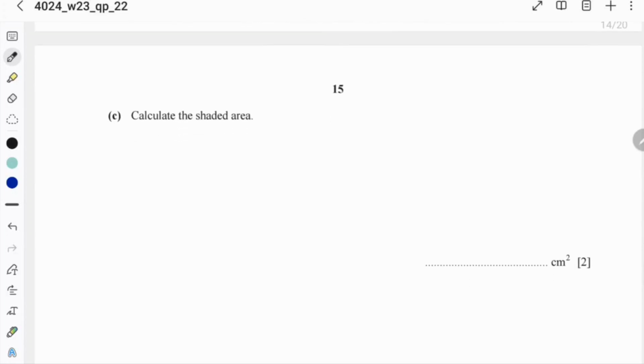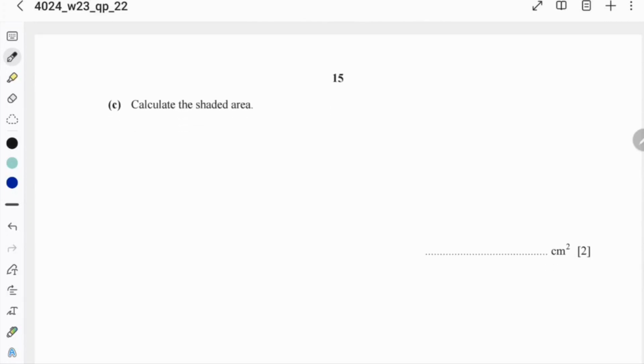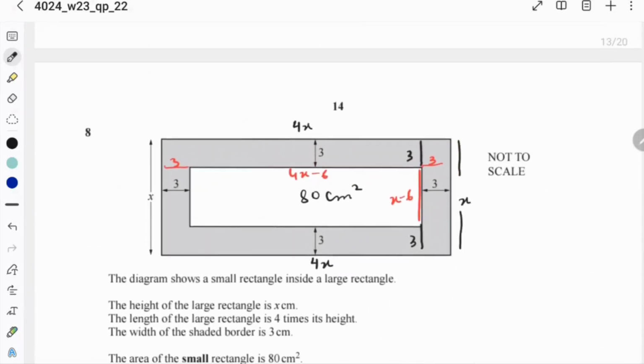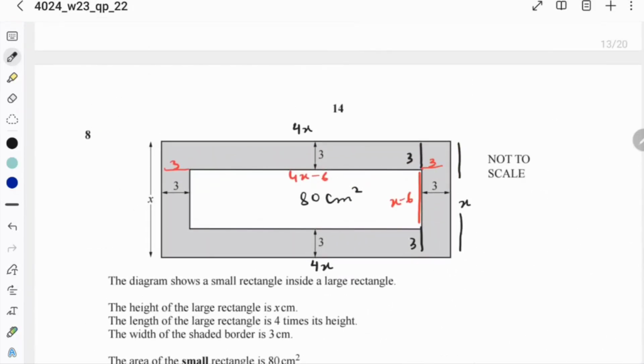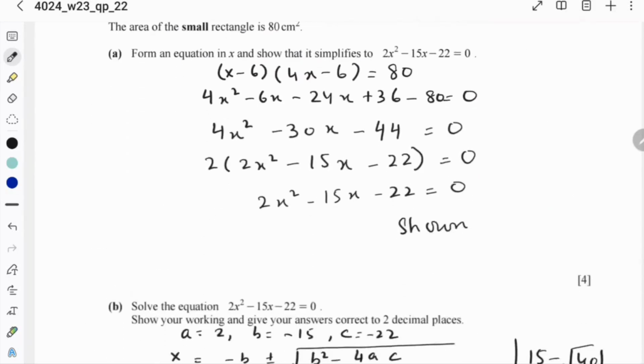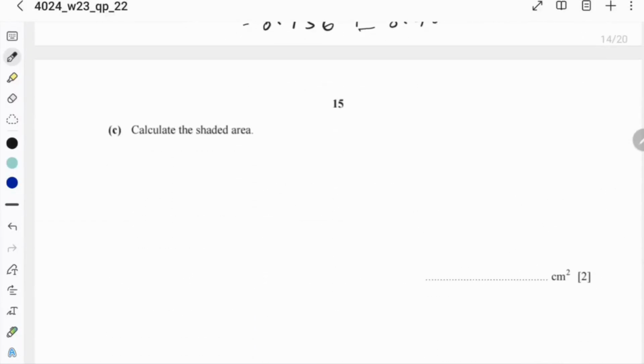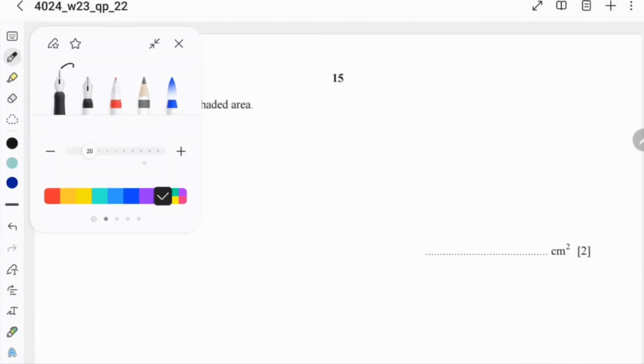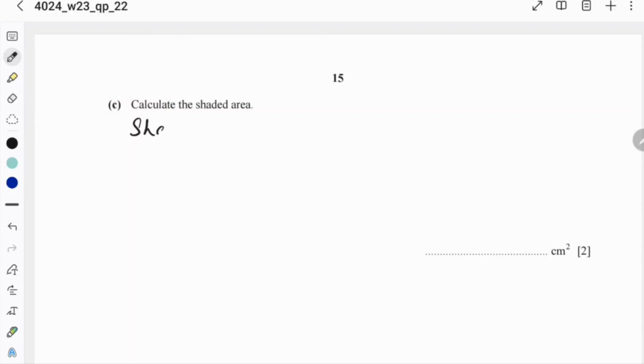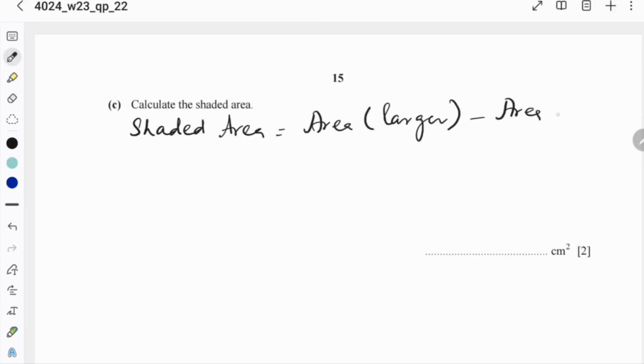Calculate the shaded area is the third part, C. For the shaded area, obviously you can see it is the area of the bigger rectangle minus the area of the smaller rectangle.